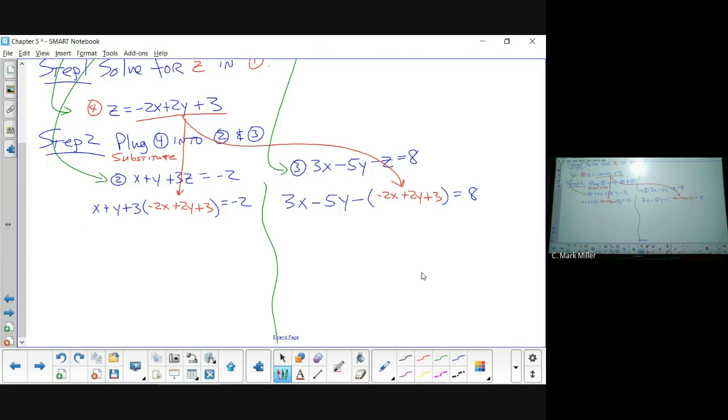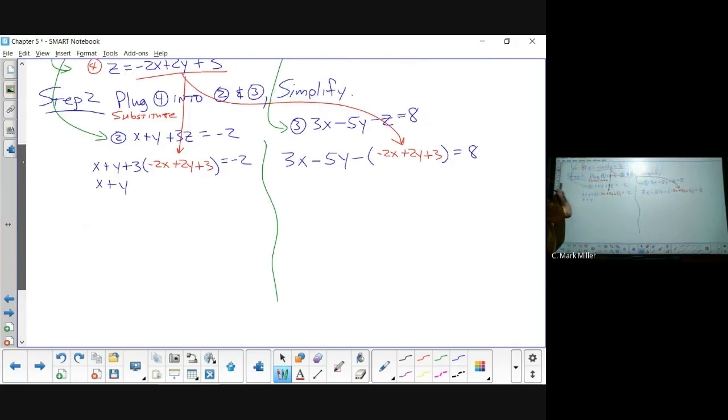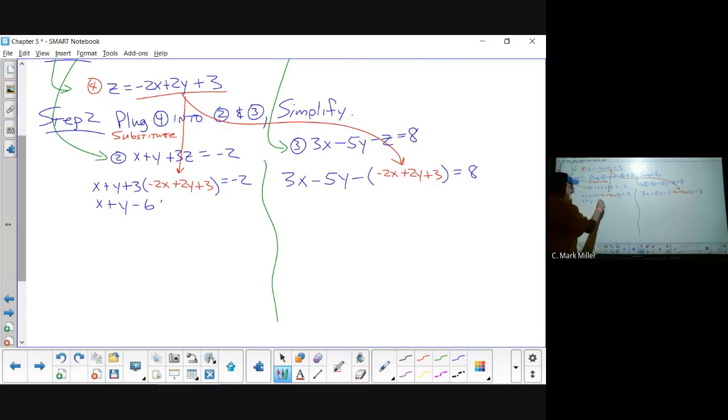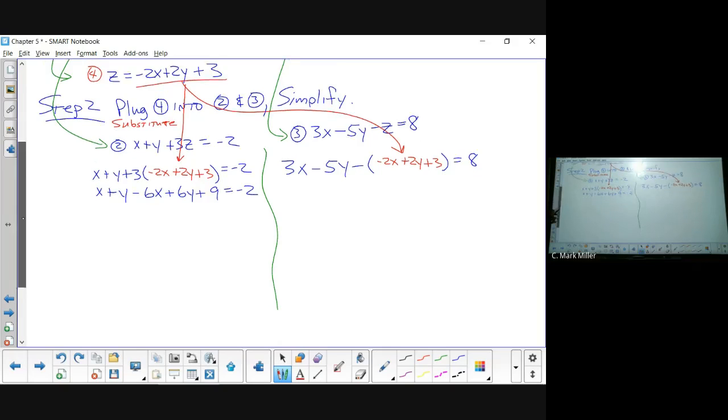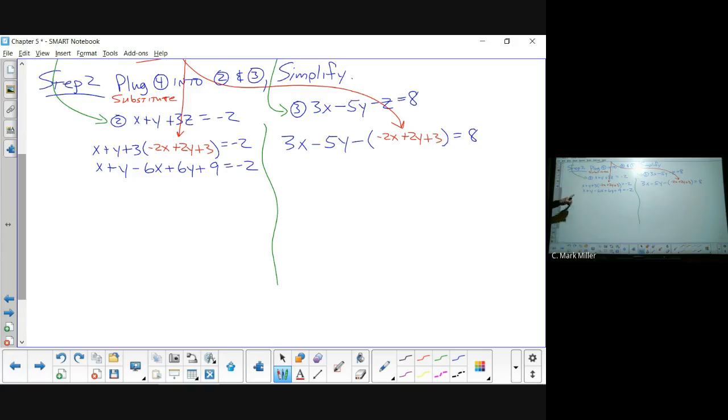Now, we got to do some simplifying. All right? I should write up here, comma, simplify. So very carefully, x plus y, 3 times minus 2 minus 6x plus 6y plus 9 equals minus 2. Simplify.